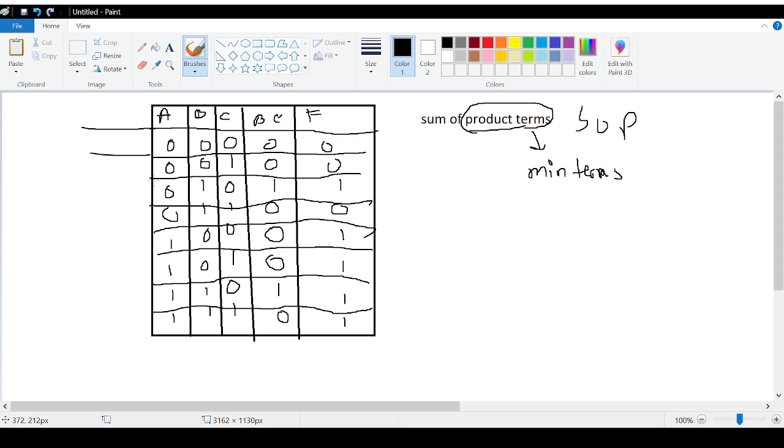Whenever we write a combination, this combination can be represented by using min terms. It might sound a bit confusing in the beginning, but just follow me for a bit. So I'm going to find the min terms.